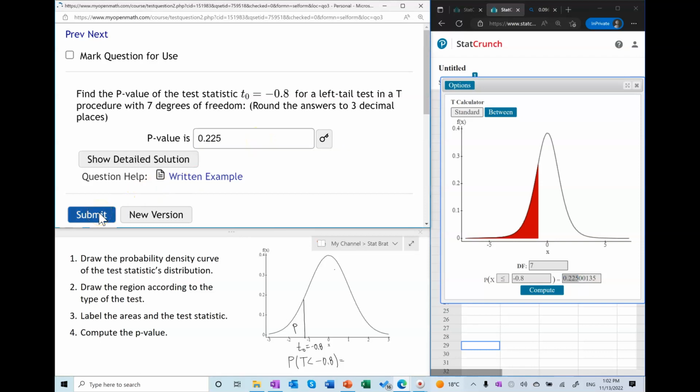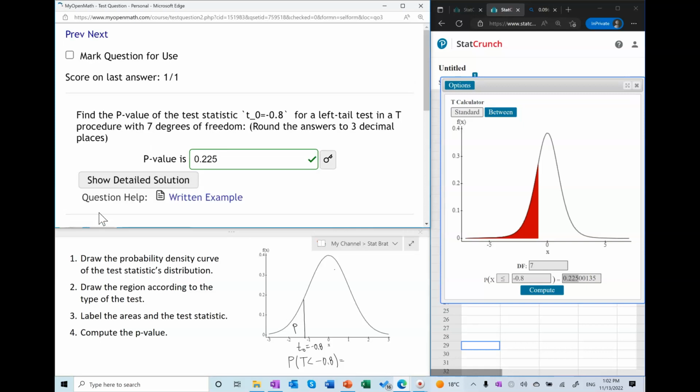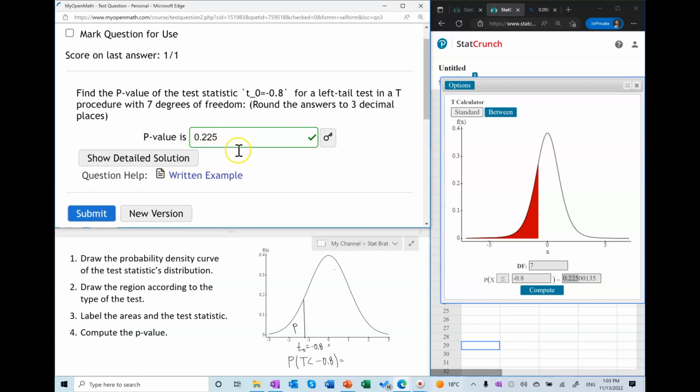It's that easy. The p-value in a left tail test is simply the area under the probability density curve to the left of the test statistic. And for the right tail test, it's the area to the right of the test statistic. It's that simple. So next, let's try to find the p-value in a two-tail test.